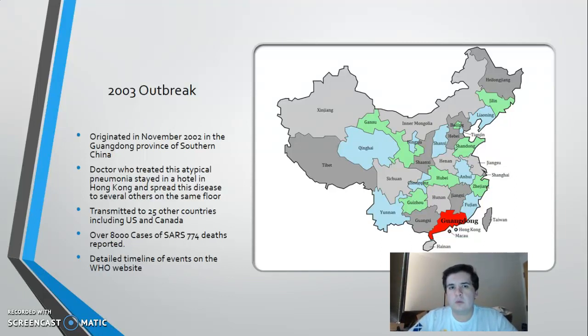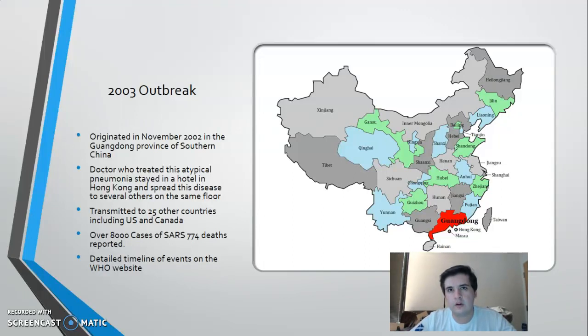So SARS was transmitted to 25 other countries, including the US and Canada. However, the US saw no deaths. Canada did see some, but the numbers for the Canadian infection are hard to come by, though there are well over 200 cases confirmed. Toronto was the epicenter of the disease.